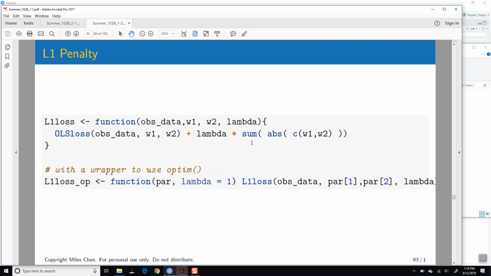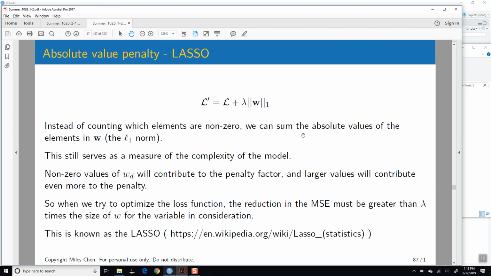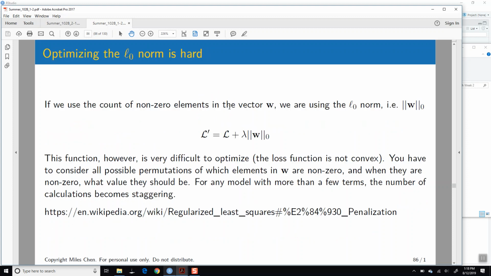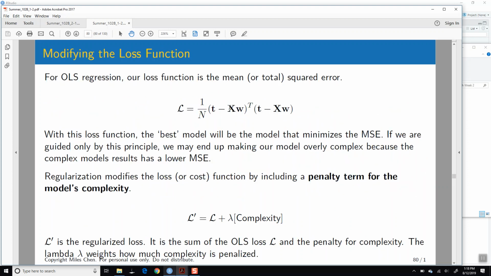Does that make sense? Take a look at this. This OLS loss is the sum of squared residuals, and this is lambda times the sum of the absolute values of W1 and W2. So this is exactly equivalent to what we have here. This is the lasso penalty. L is just the ordinary least squares sum of squared residuals, which we have back here.